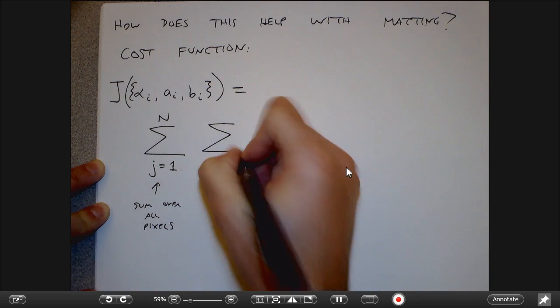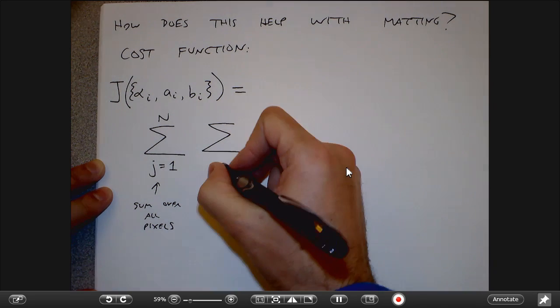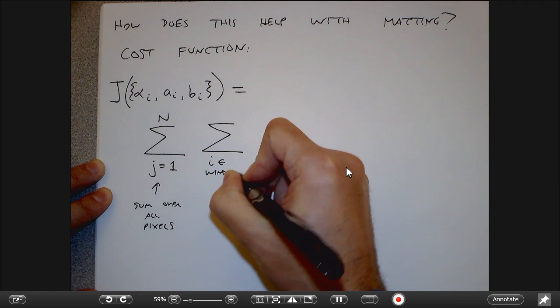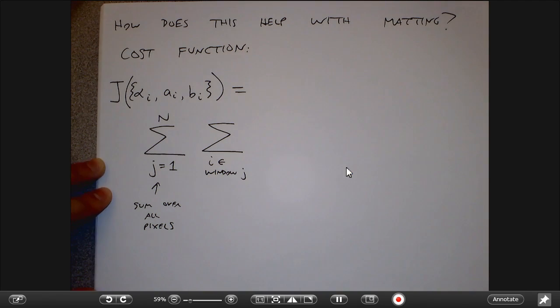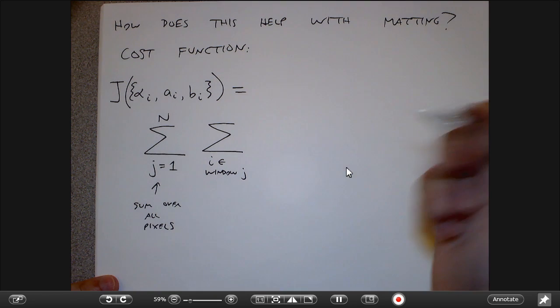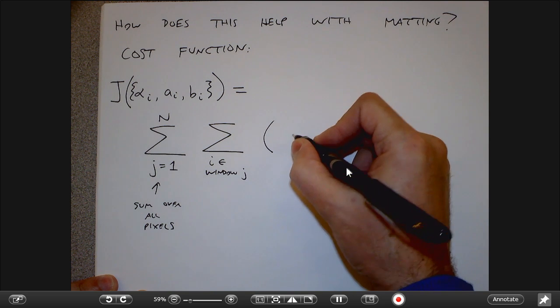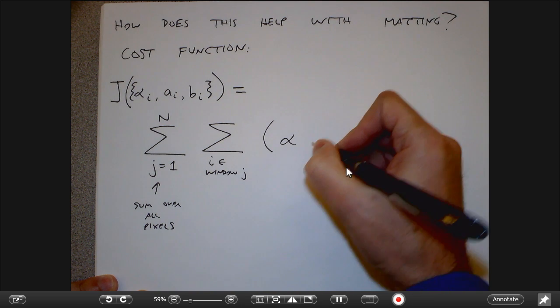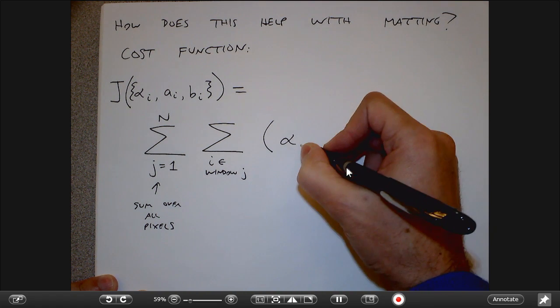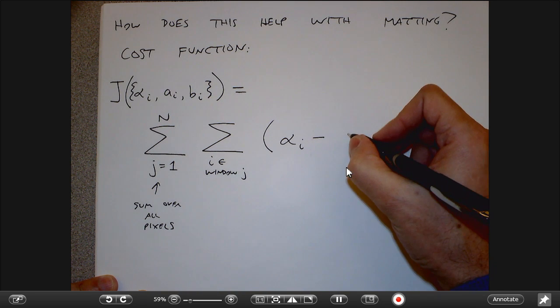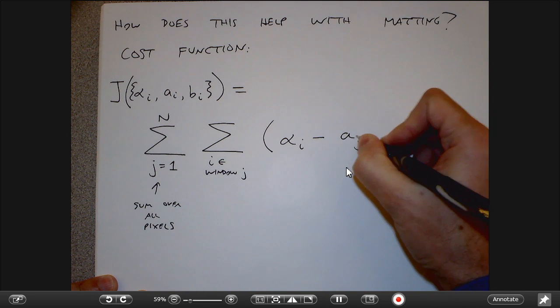And then for each pixel, I would sum over basically all the pixels that are inside the little window around that pixel. And what do I want to minimize? I could minimize the difference between the alpha at that pixel and the color line assumption.